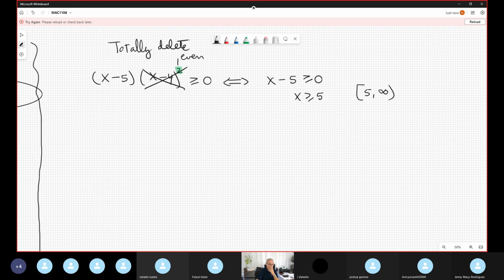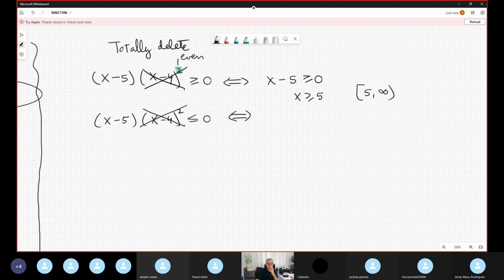Yes, okay. Suppose, and this only happens when the inequality is greater than or equal to, suppose the same inequality, but now it's less than or equal to 0. Same thing you are doing.